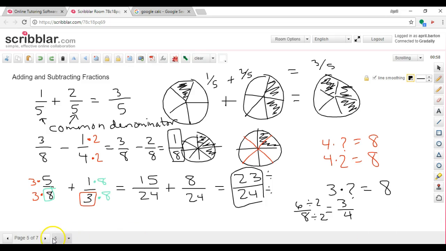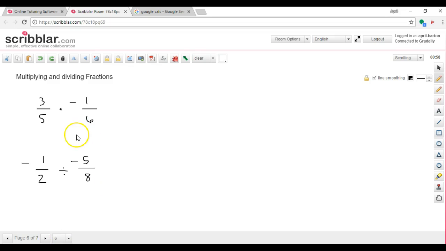So next is multiplying and dividing. So multiplying fractions is pretty straightforward. It's not as good to do a picture for this one. That's actually harder to think about. It's easier to just know how to, and all you do is multiply numerator times numerator, denominator times denominator.